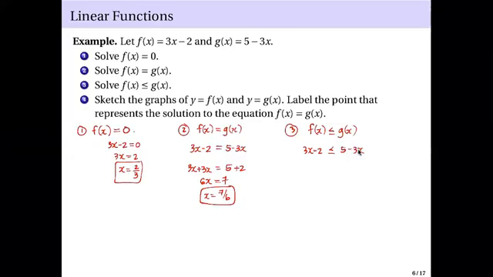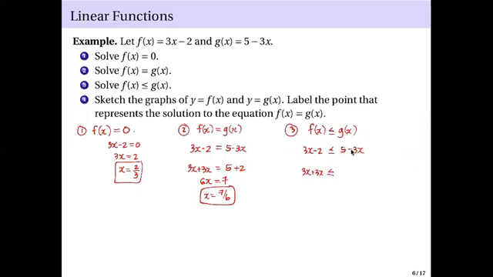So we move this minus 3x from the right side to the left side. We move this minus 2 from the left side to the right side. And we will get 3x plus 3x. Take note that the inequality will not change.